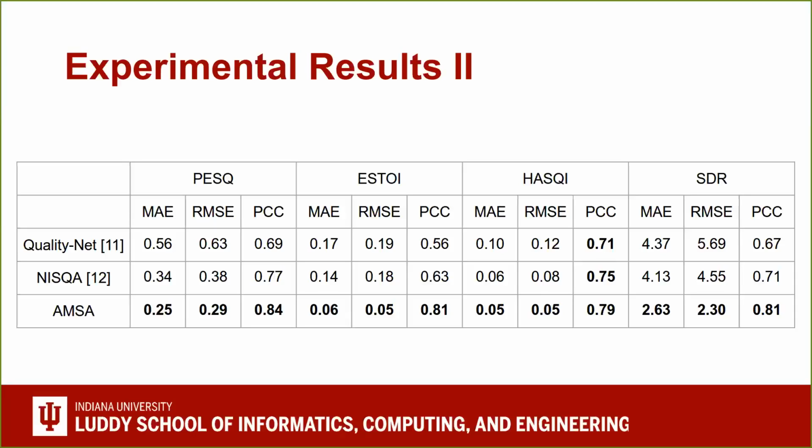Not surprisingly, the performance of AMSA declines compared to the results on the simulated TIMIT datasets, but its drop is much smaller than that of QualityNet and NISQA. When considering these challenging test conditions, where the speech corpora and distortions are totally unseen, the results are promising.